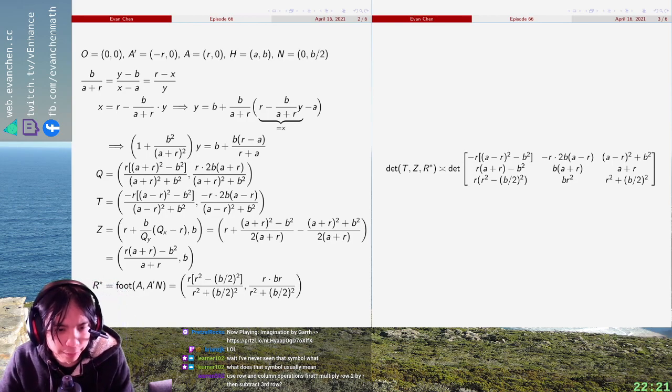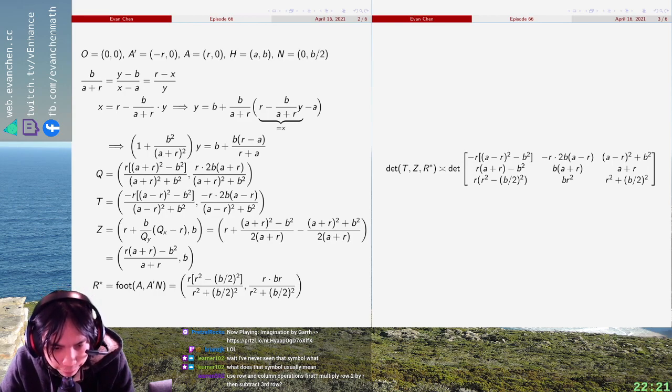Yeah, so there's some scale factors. I mean, there's some factors I can delete right away, right? So we can take out this factor of B from this column. Actually, that's the main one.